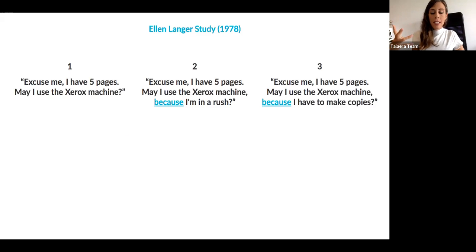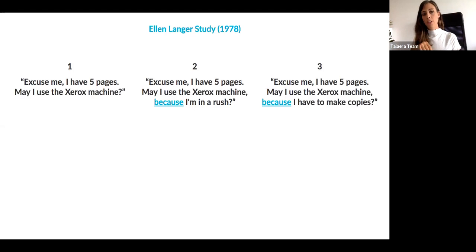And this person came in and she wanted to cut the line, right? She wanted to go straight to the front and copy something. In the first situation, she just said, excuse me, I have five pages. May I use the Xerox machine?